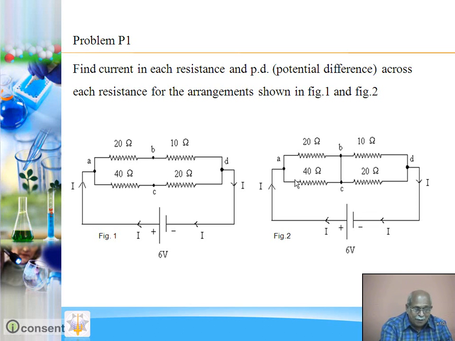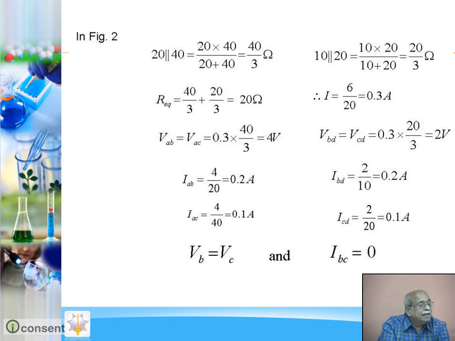Then parallel combination of 20-40 is in series with parallel combination of 10 and 20. Here is the calculation for figure 2. 20 and 40 parallel, equivalent resistance 40/3. 10 and 20 in parallel, equivalent resistance 20/3.